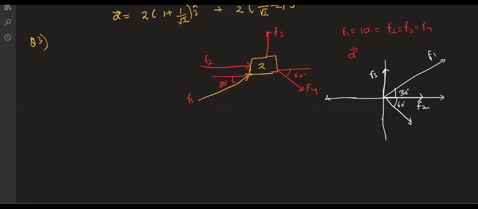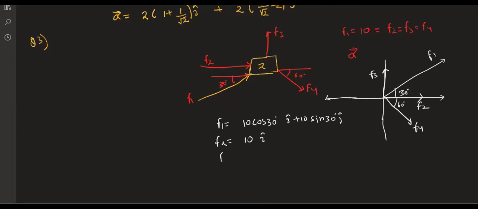Okay, so let's break it down. F1 is equal to 10 cos 30 degree i cap plus 10 sin 30 degree j cap. F2 is 10 i cap.